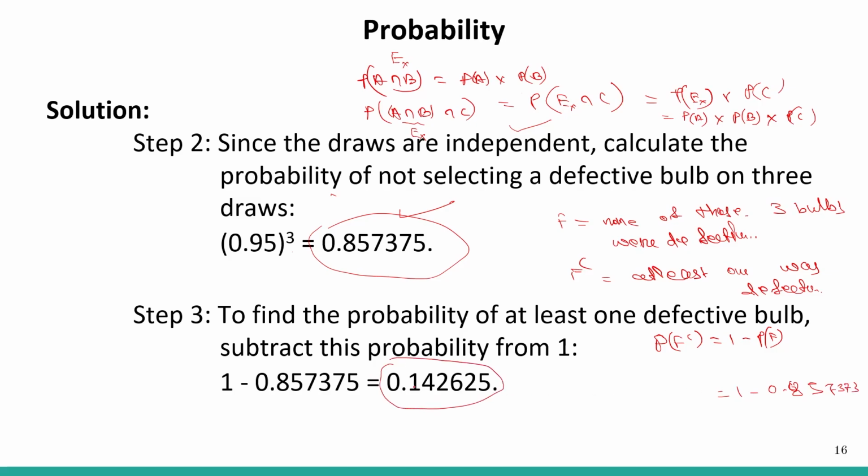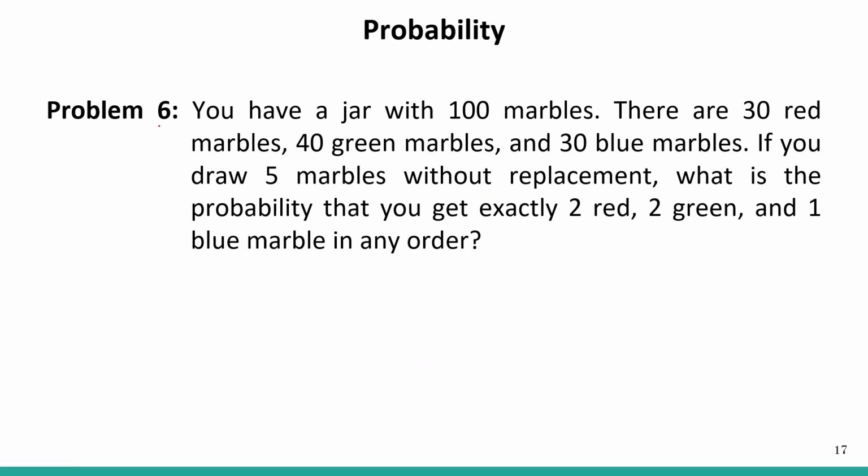Okay, so let's see problem number 6. You have a jar with 100 marbles, and there are 30 red, 40 green marbles and 30 blue marbles. If you draw 5 marbles without replacement, what is the probability that you get exactly 2 red, 2 green and 1 blue marble in any order?